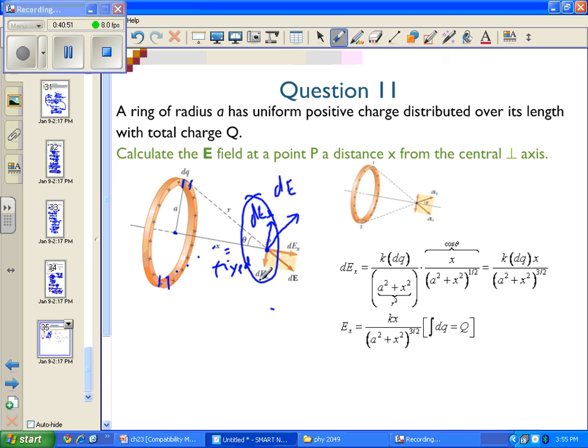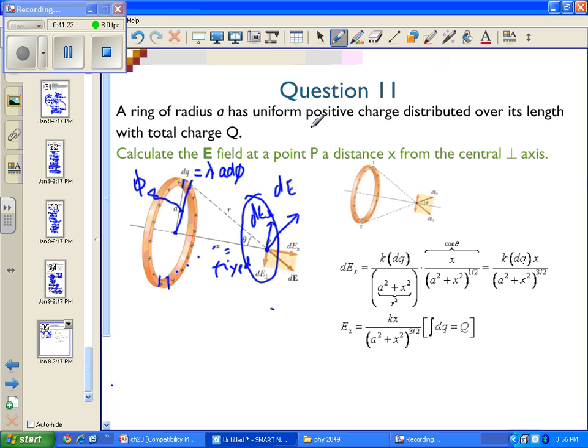So let's see. Well, we know dq, and this time we're going to let this angle here be phi, or d phi, because our book's using this angle as theta, which is not the same as this angle here. So we'll call this d phi. Well, dq will be equal to lambda times ds, but ds is going to be a d phi, okay?